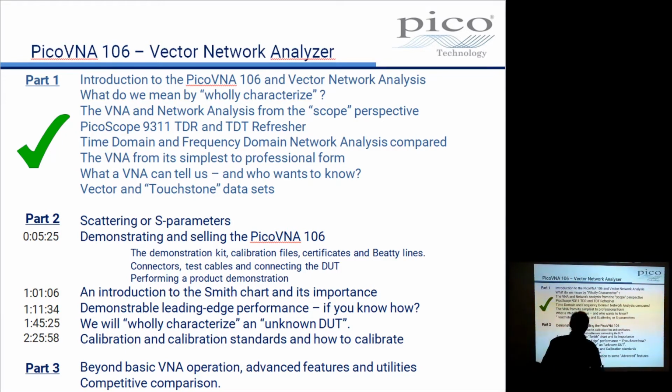We need to look at the Smith chart yet. We haven't yet introduced what a Smith chart is, and the VNA is producing those, so we better understand what a Smith chart is. I'm going to show you how to demonstrate leading edge performance.